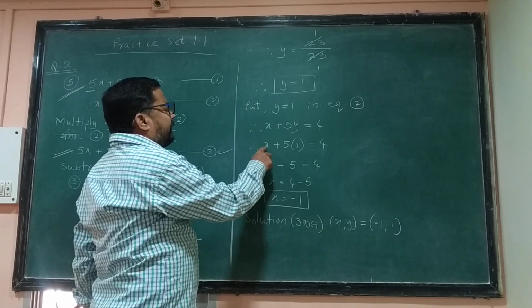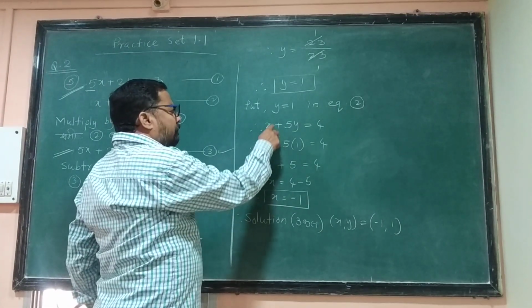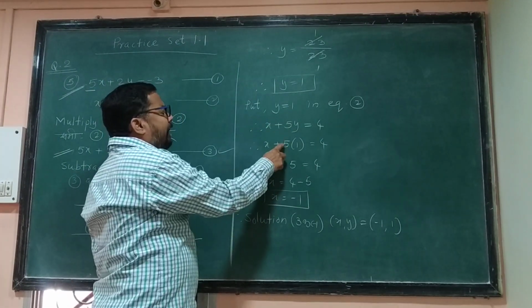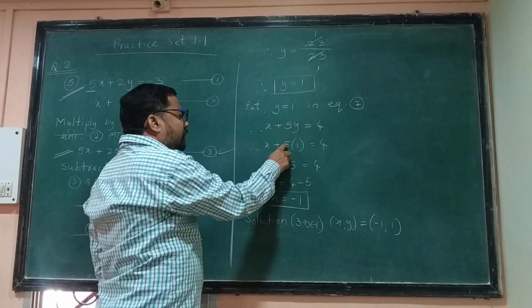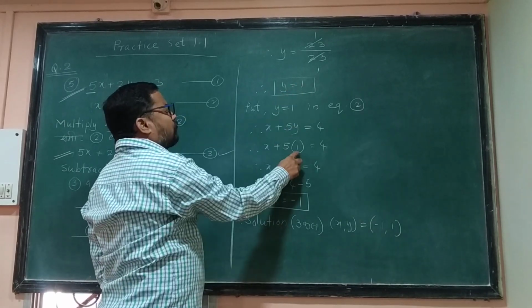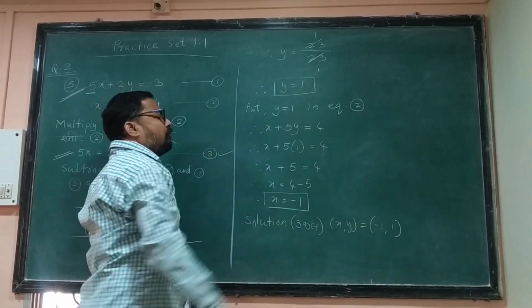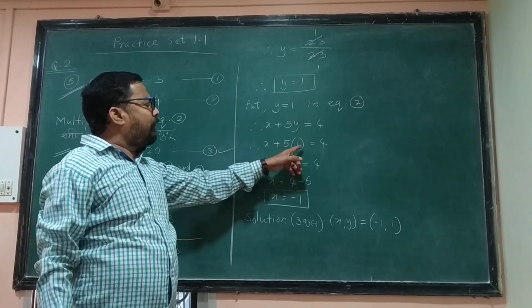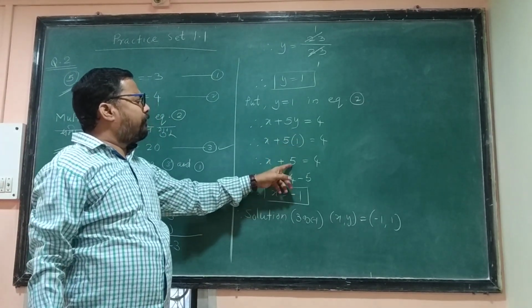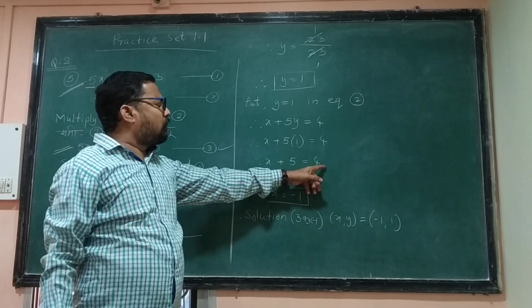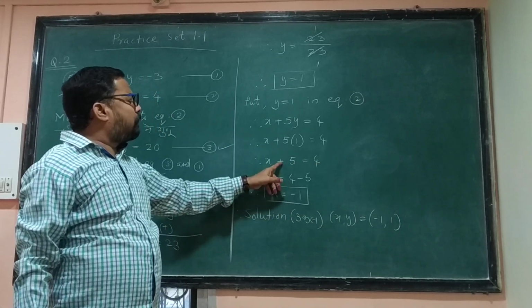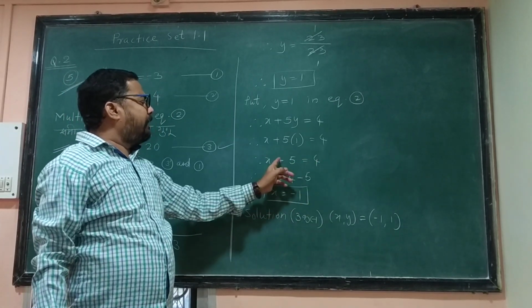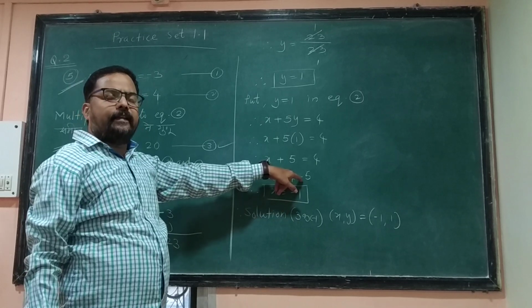See, x we have to find out plus 5 times the value of y, which is 1, is equal to 4. See, 5 into 1 will be 5, so x plus 5 is equal to 4. Now take this plus 5 to the other side, it will become minus.